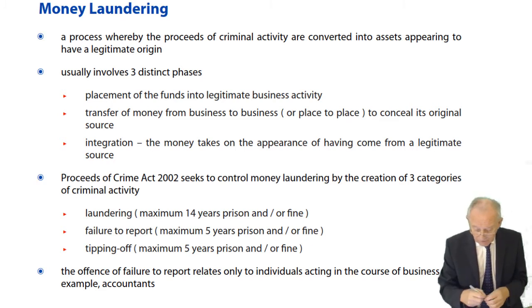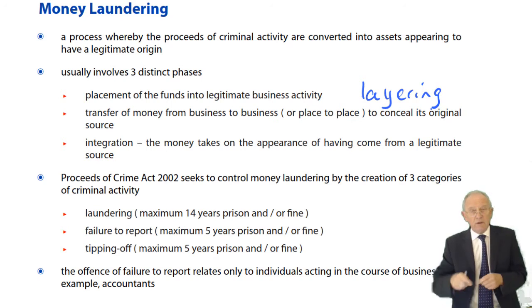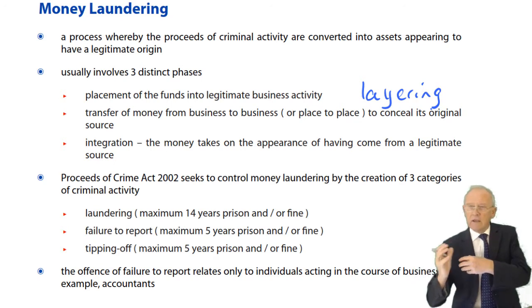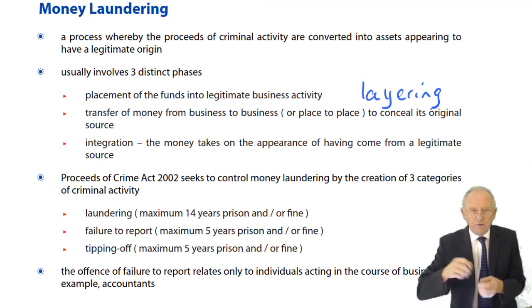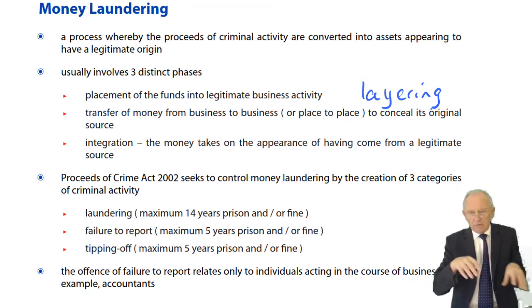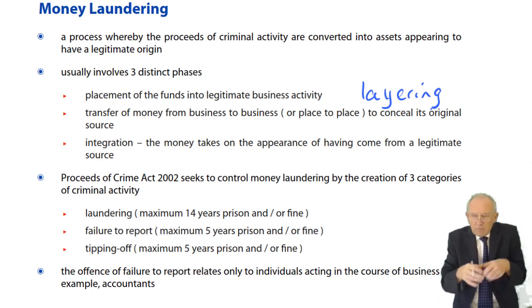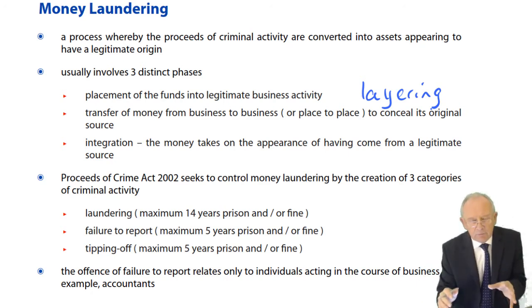And then the transfer of money from business to business or place to place, this is called layering, making the cash trail more difficult to follow. So we get it paid from there to there, from here to there, and we move it around from organization to entity to different people, and we dissipate it from place to place.